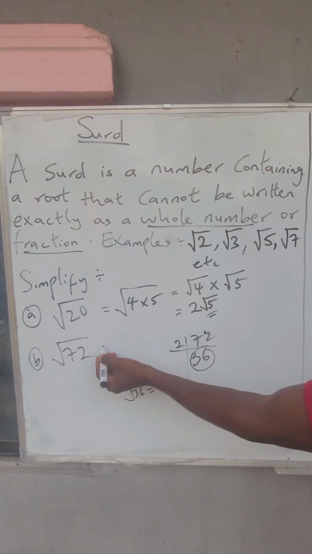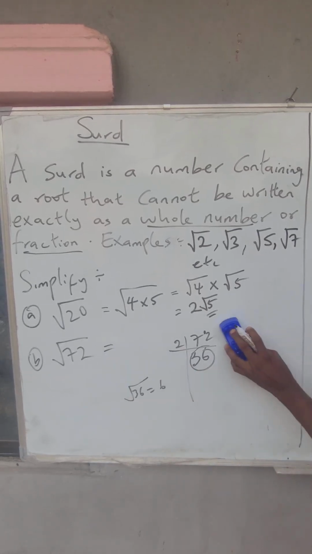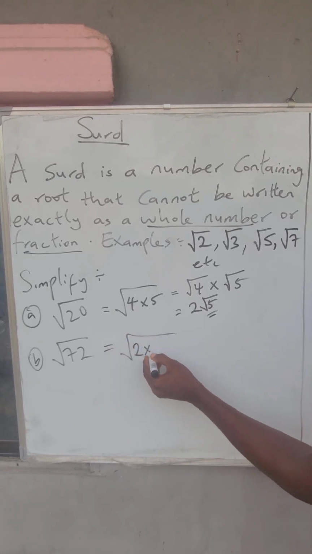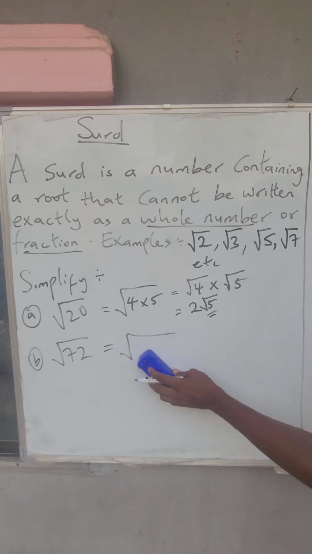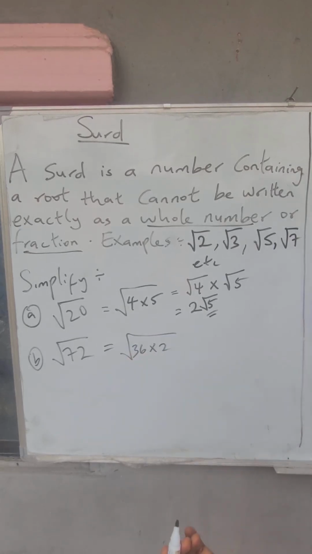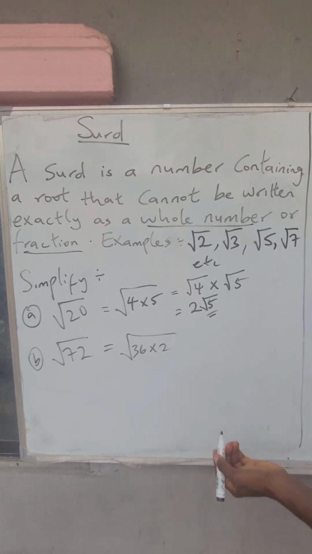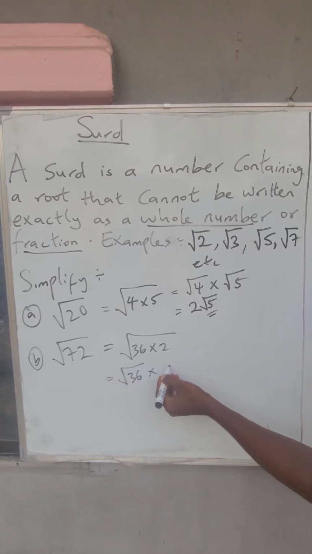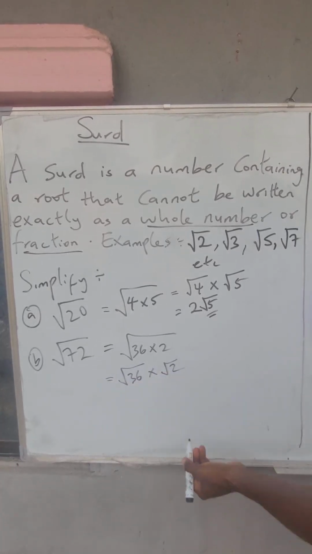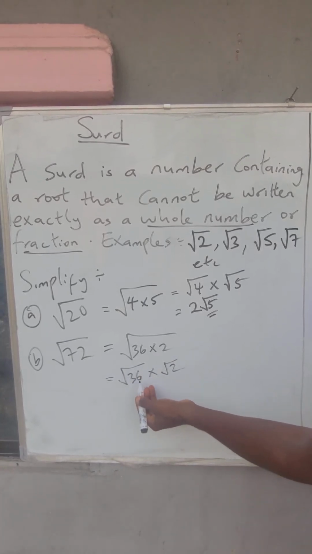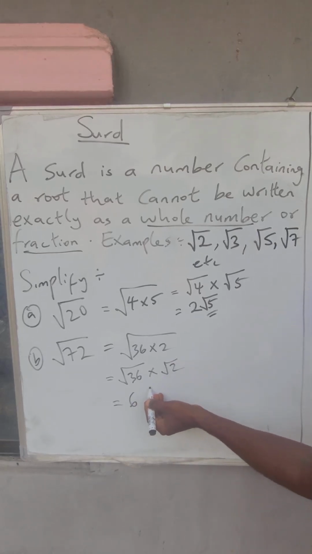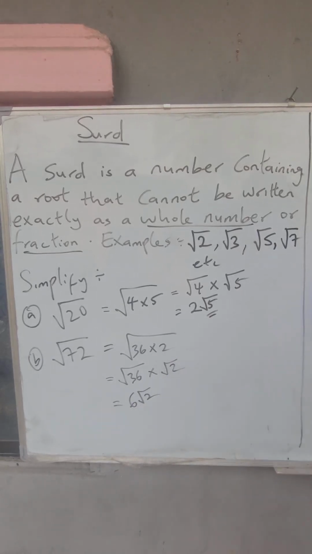So you can express this as 36 times 2. So this is the same as root 36 times root 2. If you take the square root of 36, you have 6. So this is 6 times root 2, which is 6 root 2.